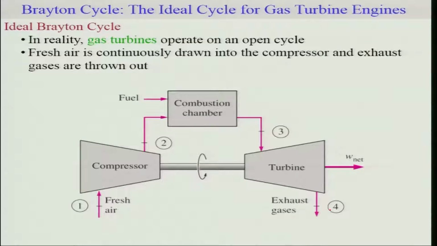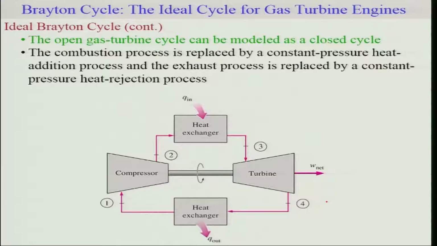Now you can model this actual gas turbine operation as a closed cycle. We can consider the combustion chamber and replace it by a heat exchanger, which just takes a Q in, and the exhaust process can be replaced by a heat exchanger again, which rejects the Q out.